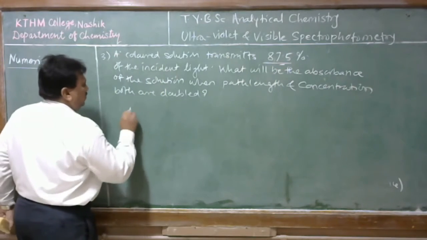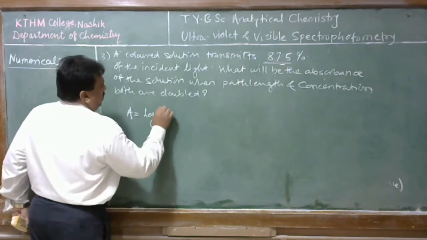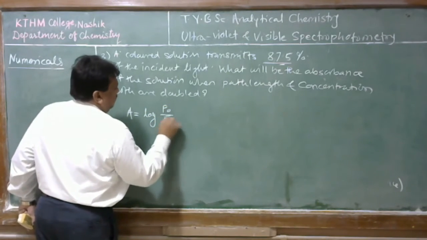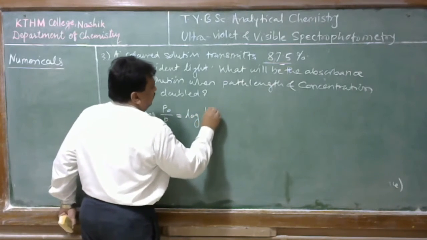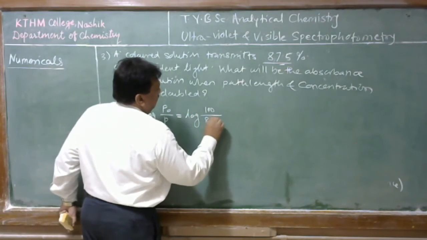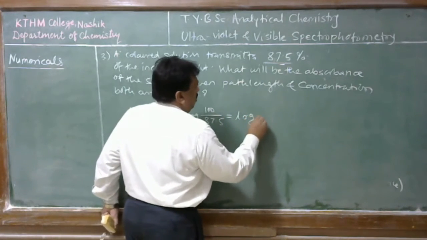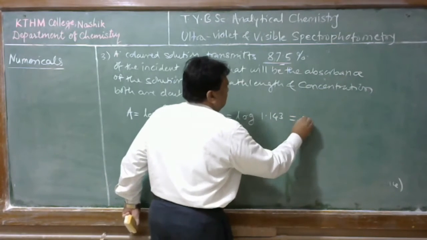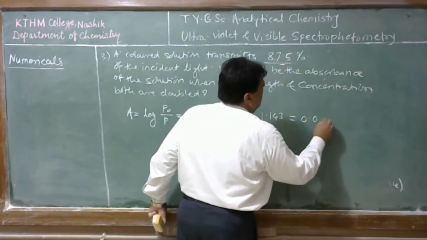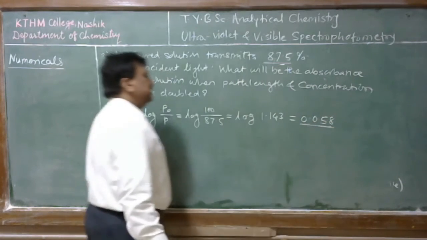Therefore, A is equal to log of P0 upon P, which is equal to log of 100 divided by 87.5, which is equal to log of 1.143, and this value is equal to 0.058. That means this is the absorbance.